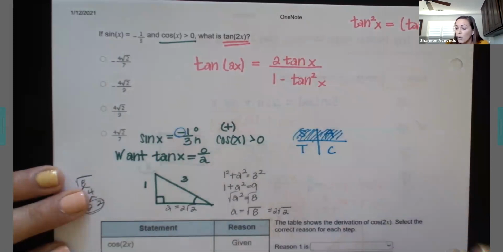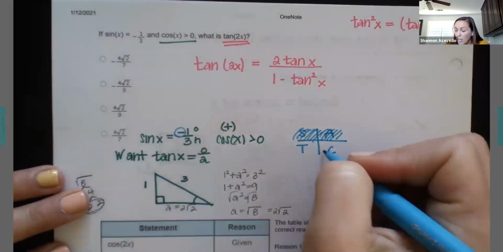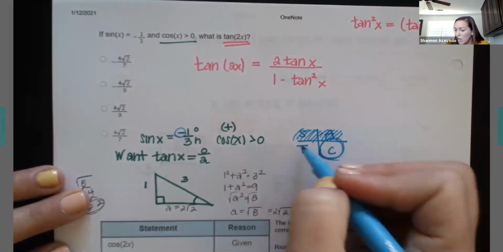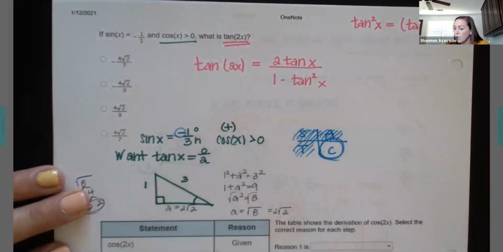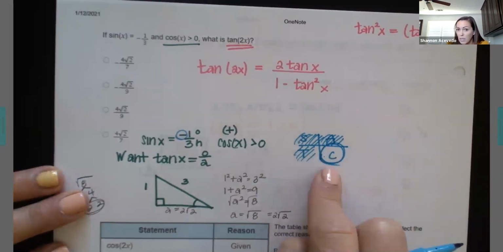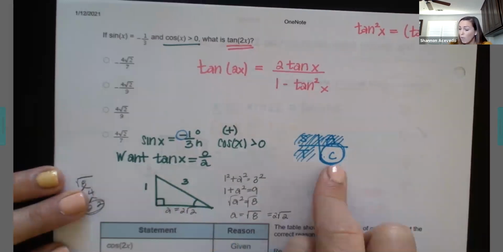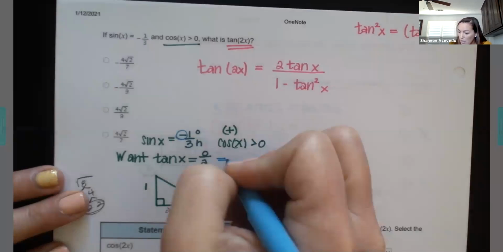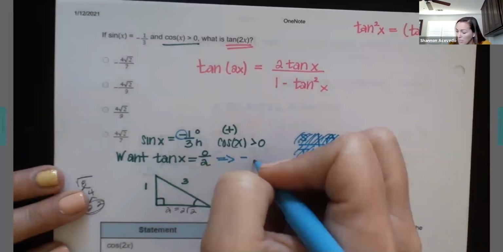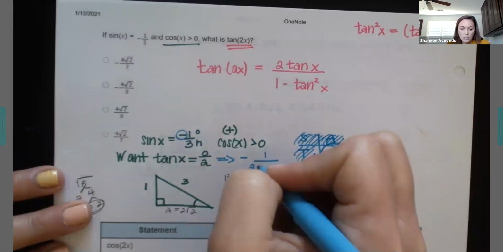And I also know that cosine is positive, and cosine is positive out of these two that are left right here in quadrant 4, so I can't be in quadrant 3. I have to be in quadrant 4 because that was the only one of the two left where cosine was positive. So if I want tangent, and I'm in quadrant 4, my tangent value is going to be negative. My opposite side was 1, my adjacent side was 2 square root of 2.